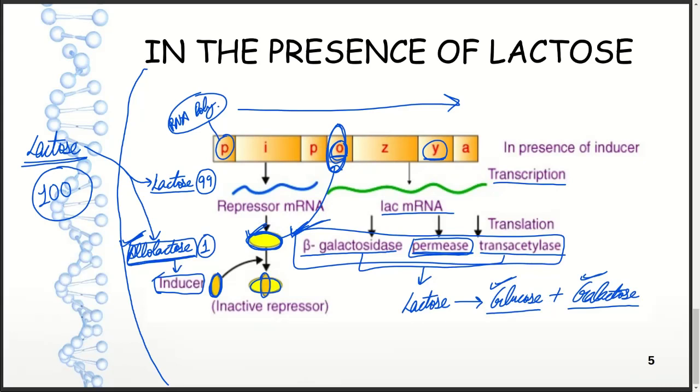And as soon as it binds with the operator gene, our RNA polymerase gets blocked again, this function is blocked, and the transcription process stops. Now no further enzyme will be synthesized.